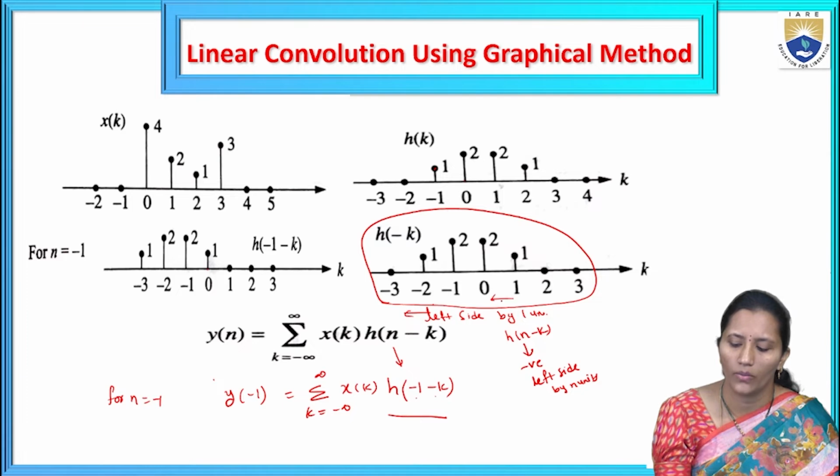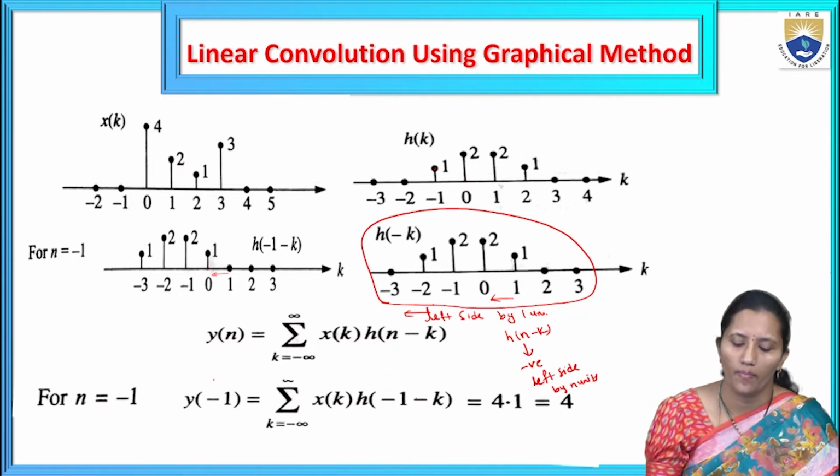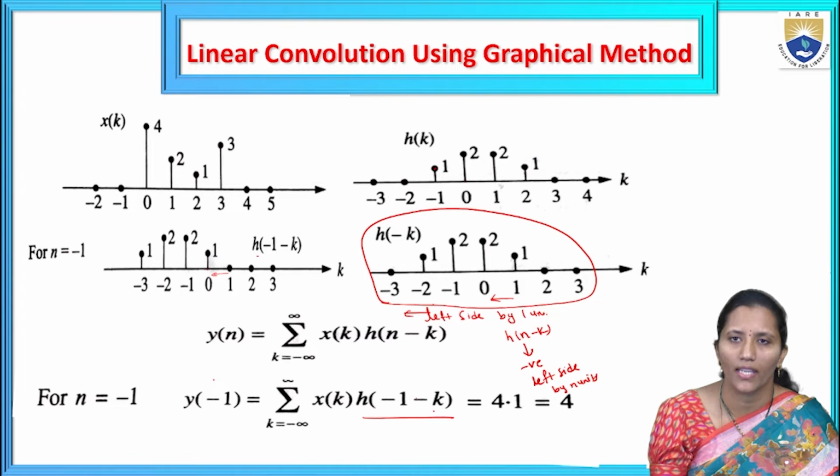So only 1 unit will shift to the left side to get the h of minus 1 minus k. So it is starting from minus 3, minus 2, minus 1, 0. So here to get the y of minus 1 sample value, we have to multiply this h of minus 1 minus k with the x of k sequence.